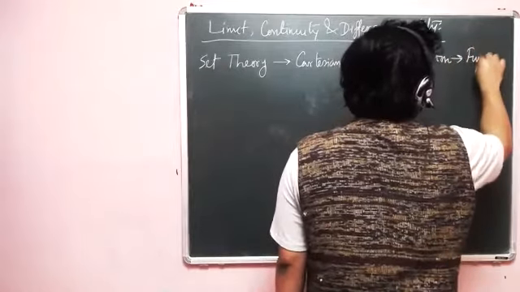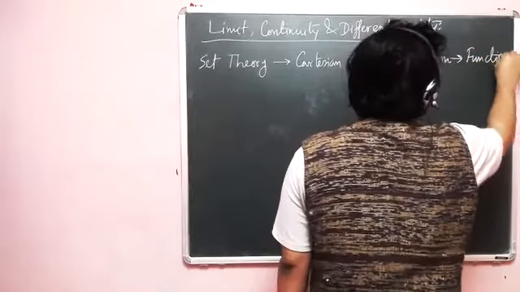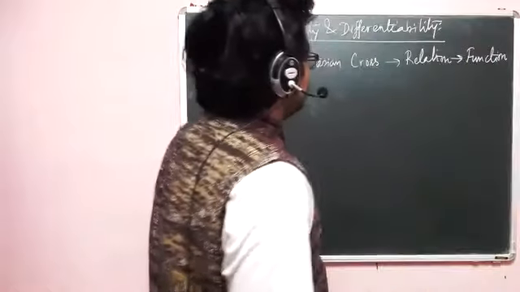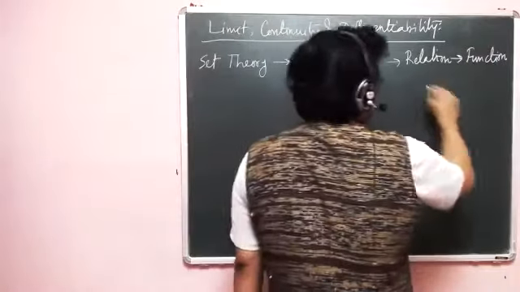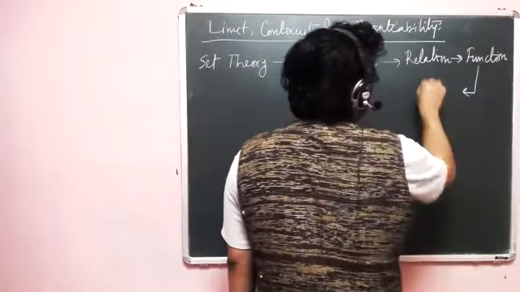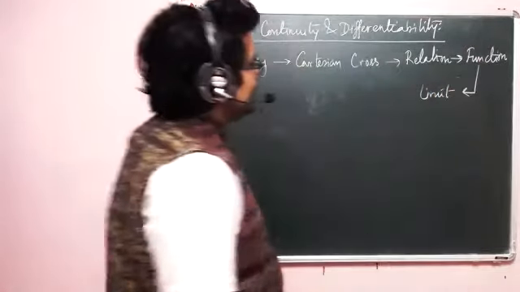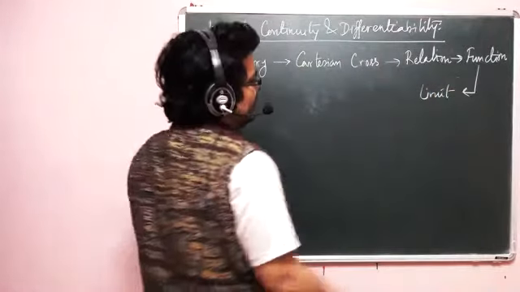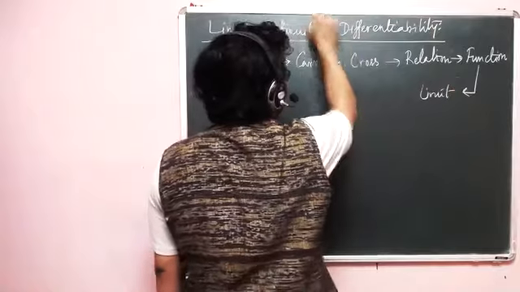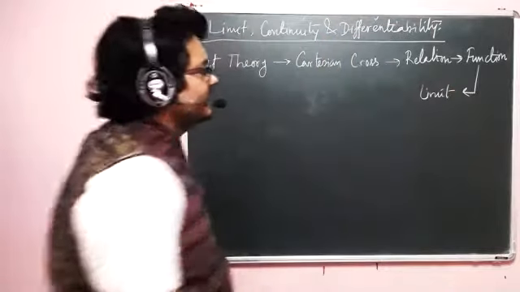Then we go to the concept of function, which puts some restrictions on this. Then from function, we come to limit, which is the most important concept in the whole of calculus, and then continuity, and then differentiability. That's how it works.